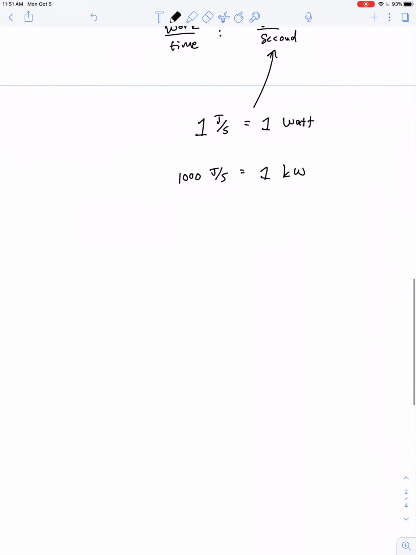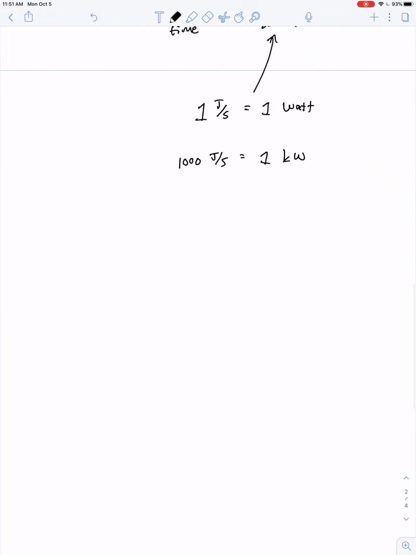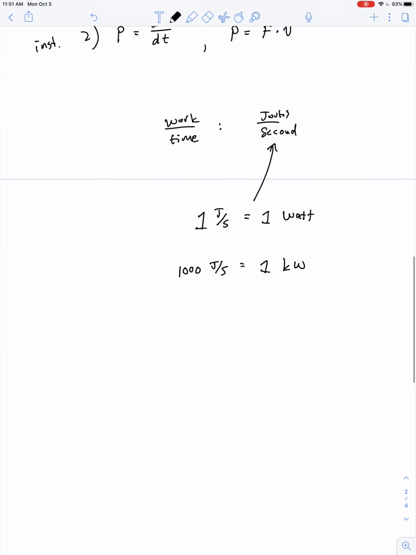Some people get a little mixed up on these units. There's an unfortunate side effect of honoring former physicists by naming units in honor of people like Newton, right? The unit for force is the Newton.